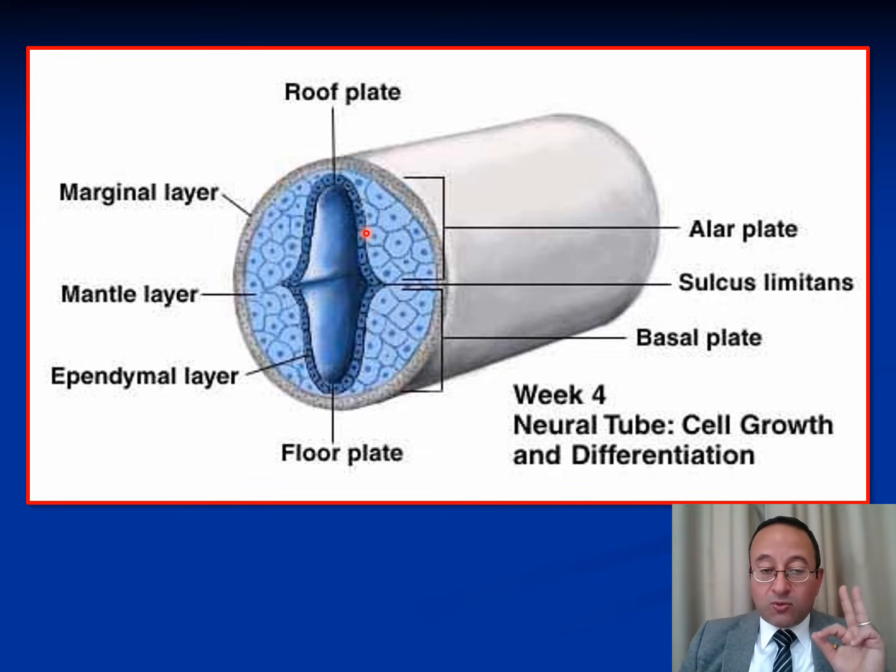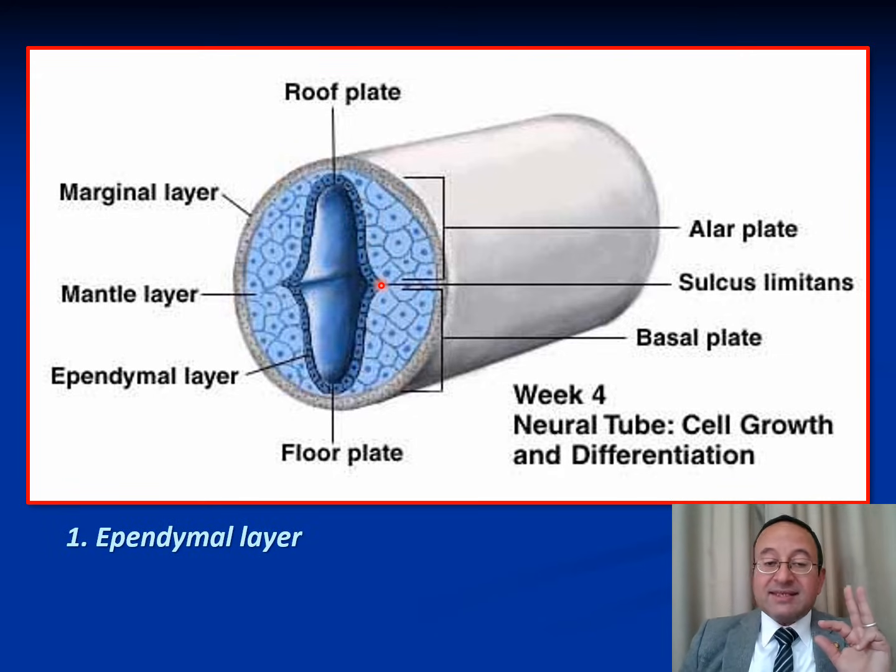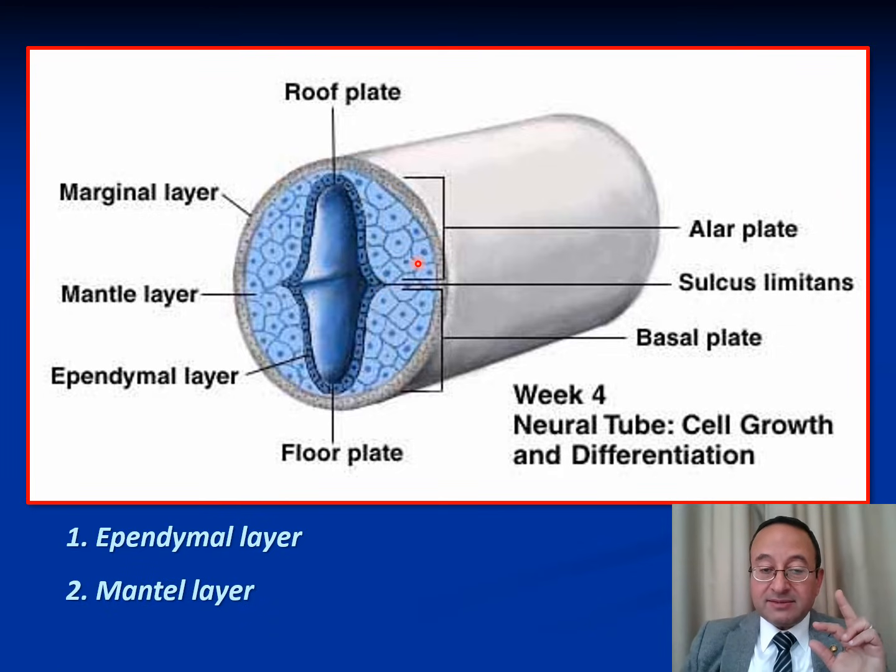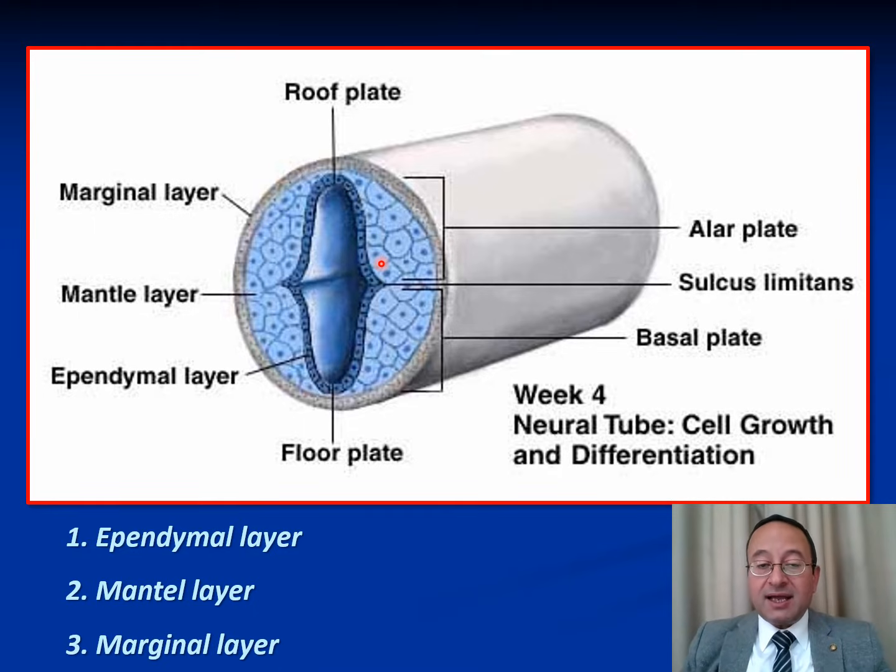The innermost one, which is this one, is called ependymal layer that proliferates to form an intermediate zone of cells, which is called mantle cell layer, that proliferates to form an outermost marginal layer, which is actually called the marginal cell layer.